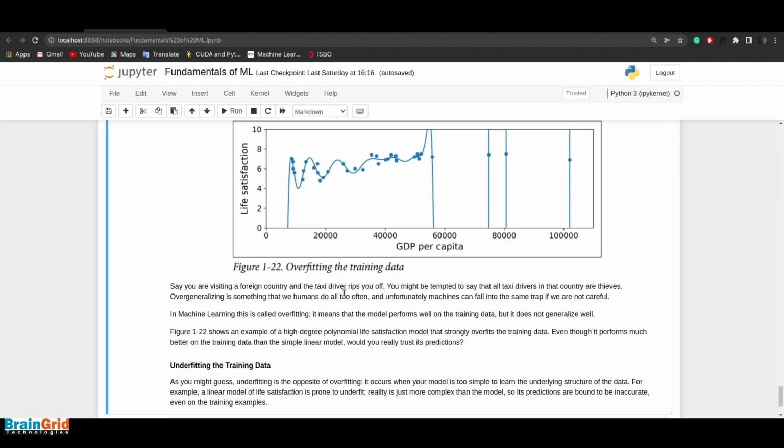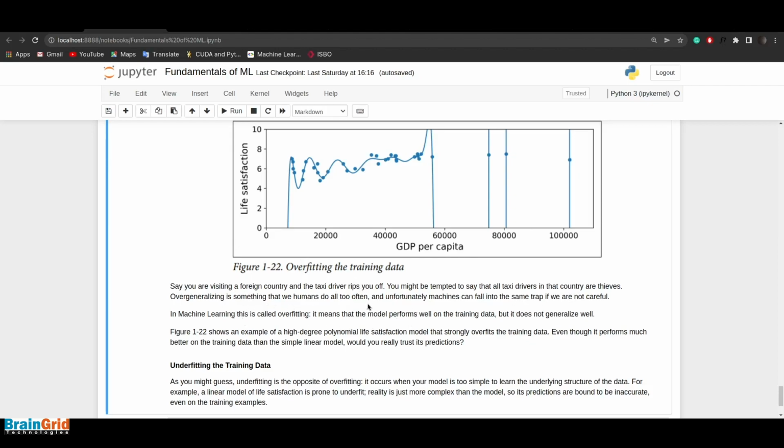What it means when it says rips you off is that the taxi driver demands more than what the bill actually is to go from place A to place B. So what you would generally do is generalize this and say that all the taxi drivers in that country rip you off and overcharge you. That is called overgeneralizing.